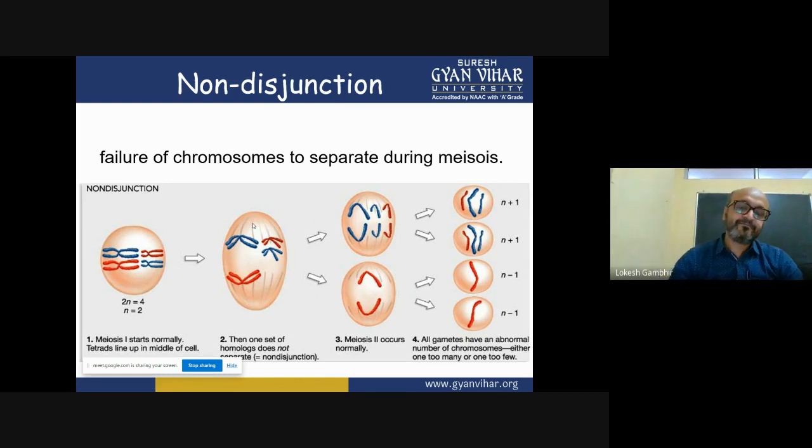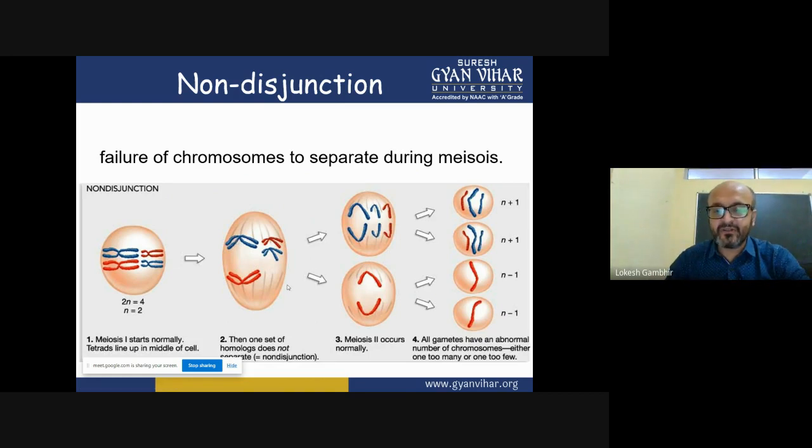Now suppose that while pulling, the chromatids were not able to get separated and are still attached to the centrosome or the kinetochore in such a manner that the complete separation has not happened.